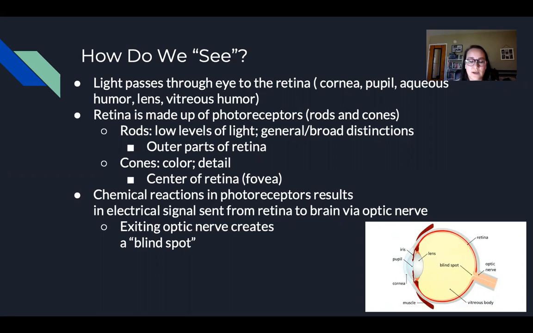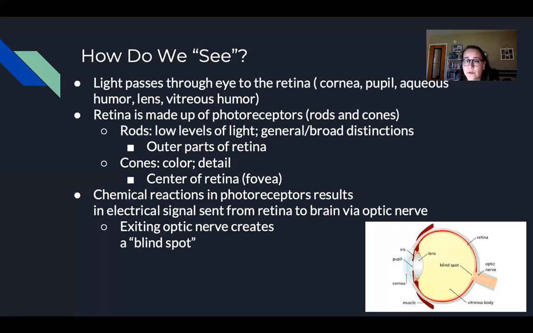But real quick, the highlights are that light enters our eyes through the cornea, which is the very first layer of the eye, after which it passes through the pupil, which is the black portion of the eye that dilates and constricts. Then it goes through the aqueous humor, this fluid, and then through the lens.